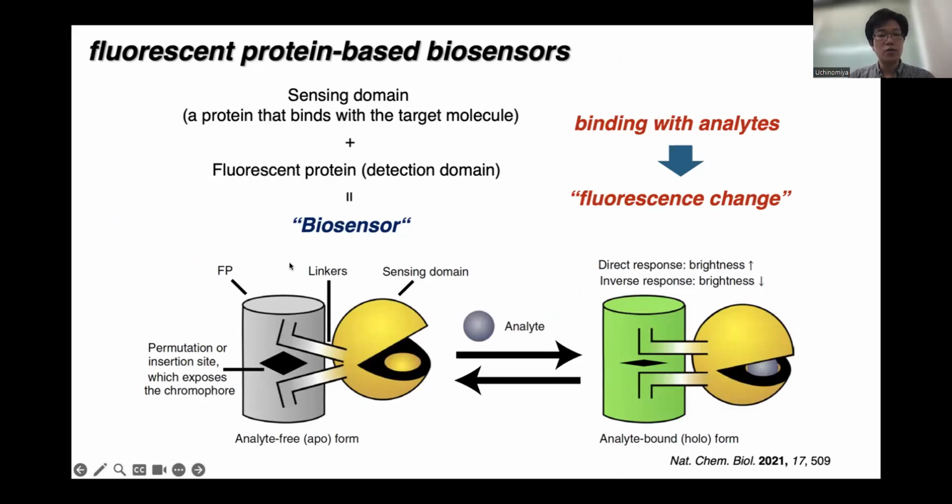The sensing domain can specifically bind with the analyte, and binding with the analyte results in a fluorescence change. The mechanism of the fluorescence change is a bit complicated, so you do not need to understand the mechanism. However, simply, binding with the analyte results in a fluorescence change.